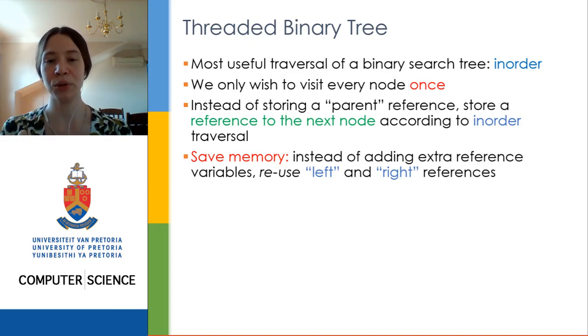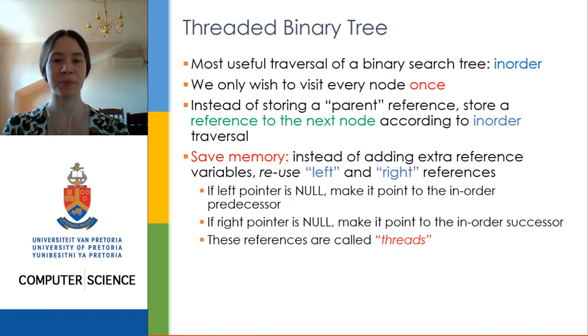Instead, we are going to reuse the left and right references, which are currently not used by specific nodes in the tree. For example, if you look at the leaves of the tree, the leaves have their left and right pointers declared, but both are set to null because the leaf doesn't have any more children. Now, those null pointers can actually be set to useful addresses, and that is exactly what we are going to be doing with threaded trees.